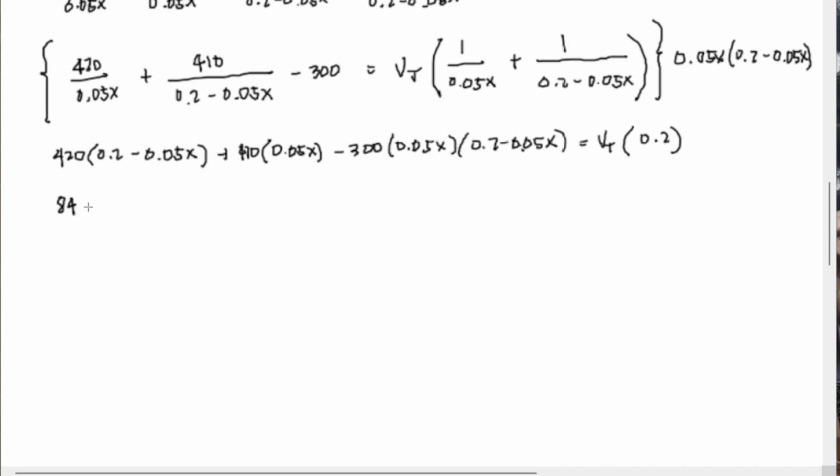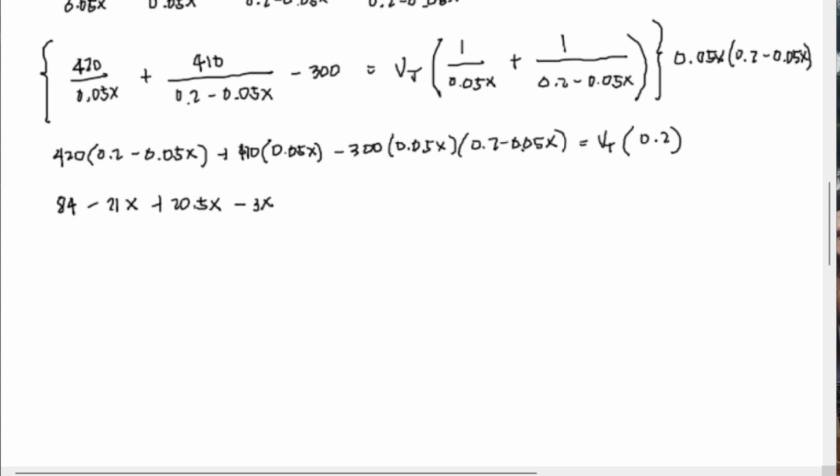Minus, ito naman is 21x. Okay, ito is plus 20.5x. Then dito 410 times 0.05 times 0.2 is... sorry, 300 times 0.05 times 0.2 is 3. So that would be minus 3x.